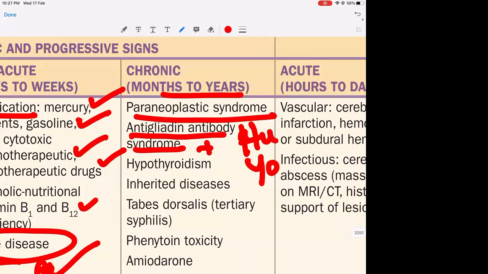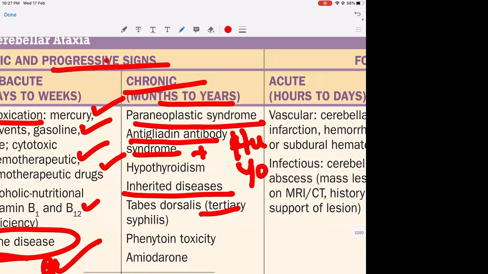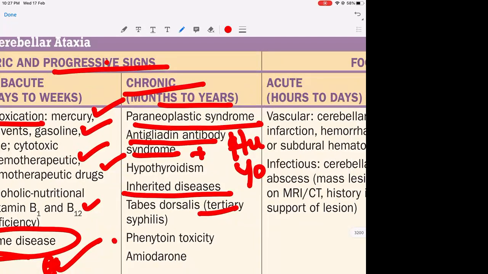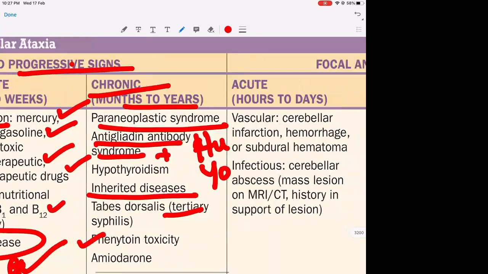Even a patient with hypothyroidism can have chronic cerebellar ataxia, and if it is progressing with a positive family history, then you will suspect inherited ataxias. Progressive ataxia is also seen in tabes dorsalis, that is tertiary syphilis. And some patients, due to phenytoin toxicity, will have progressive ataxia.